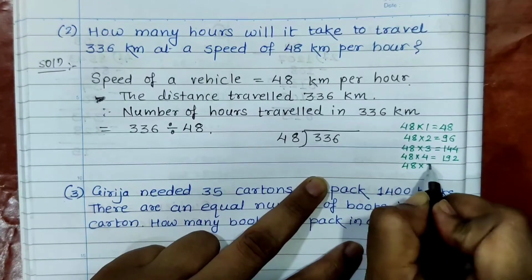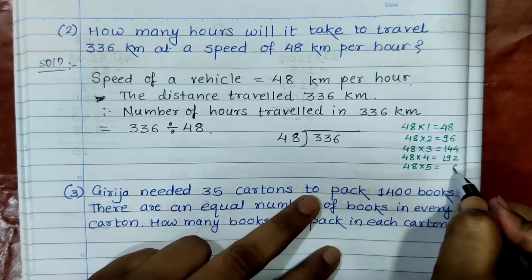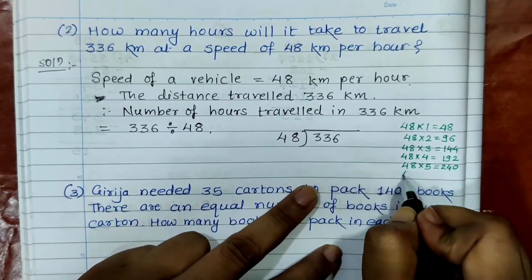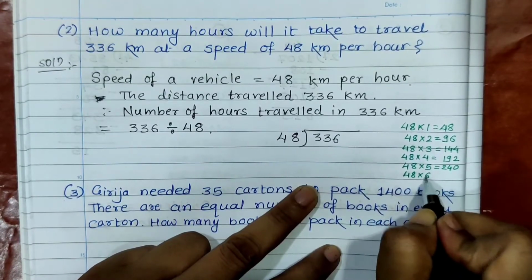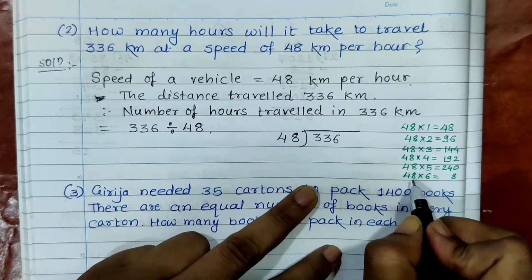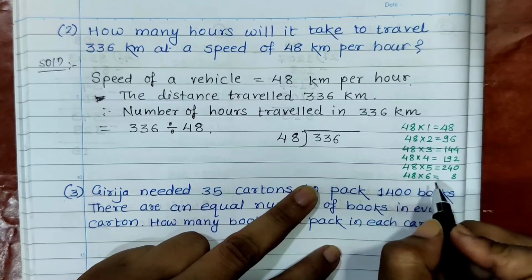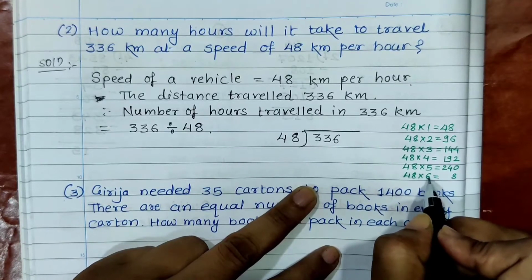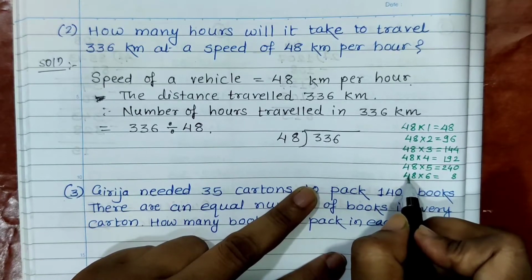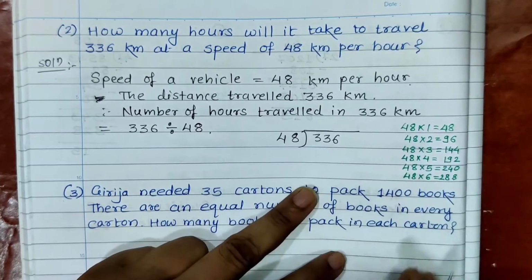48 fives are 48 sixes are 6 8s are 48, 8 written, 4 carrying, 6 4s are 24, 24 plus 4 is 28, 288.